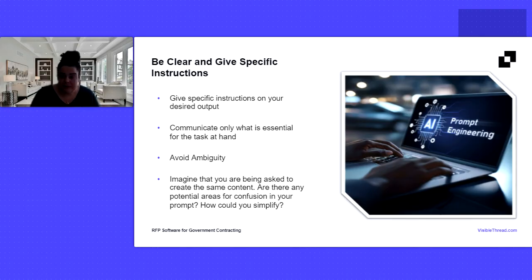Give specific instructions, communicate only what is essential, and avoid any ambiguity. Make sure that you're being very direct. I like to think of this as giving instructions to a group of students. You want to have an exact idea of what you want that output to look like. They're going to get as close to that as possible if you give them specific instructions and avoid any gray areas.